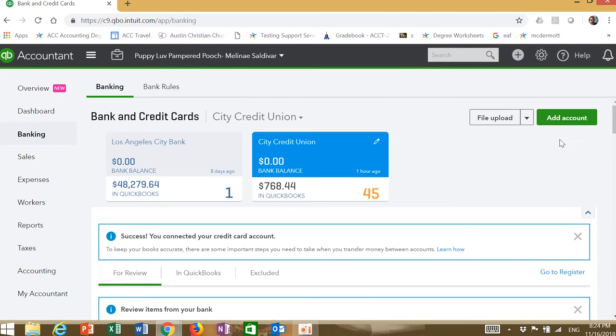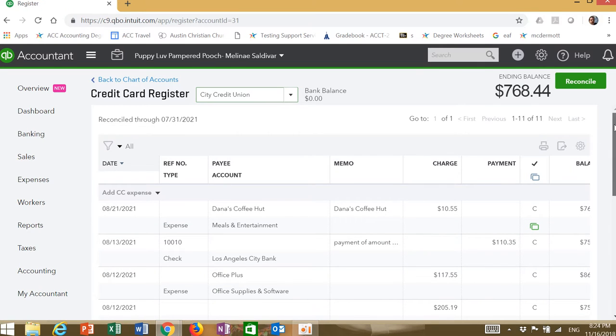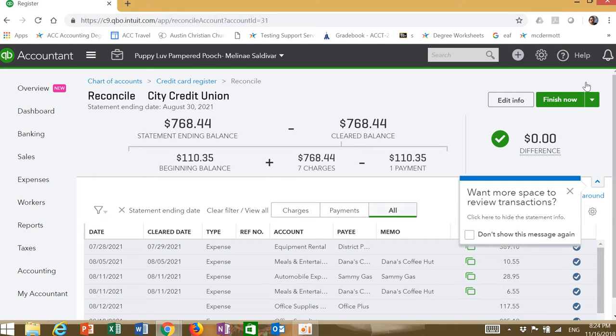So now if we go to the register, and then go to the reconcile function, you're going to have a 0 balance.